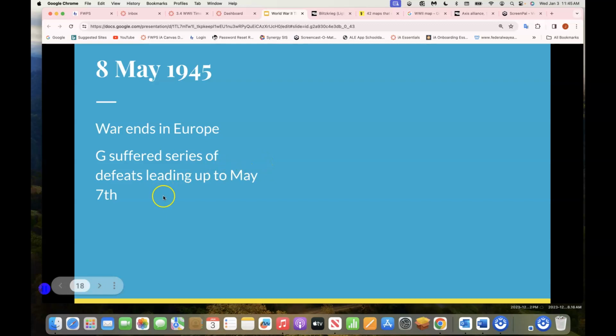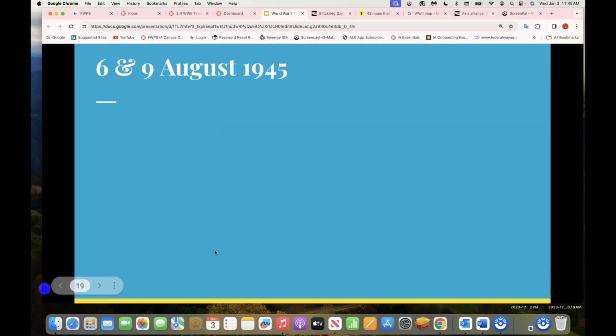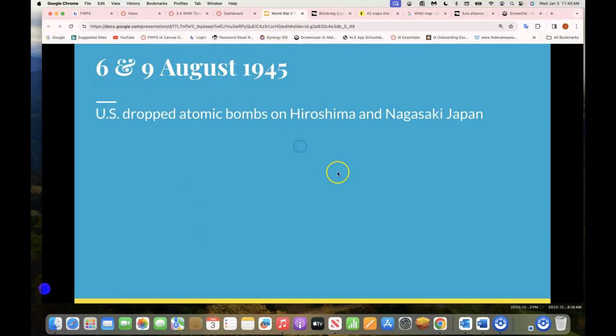A series of defeats leading up to the 7th of May in 1945. Famous picture. France being liberated.